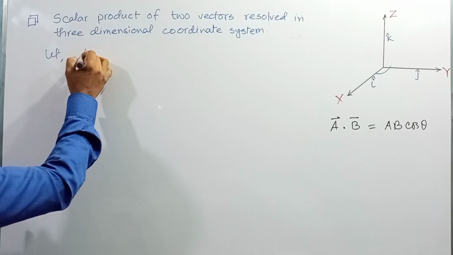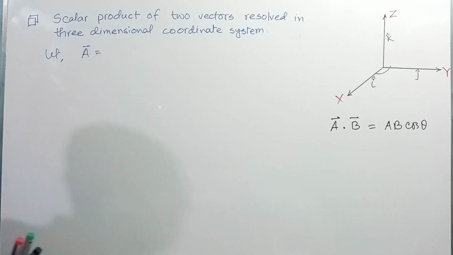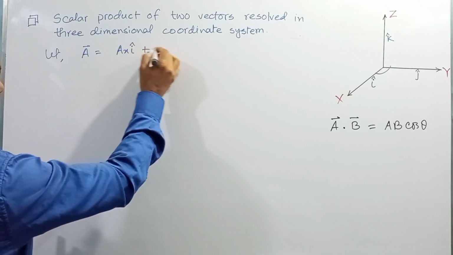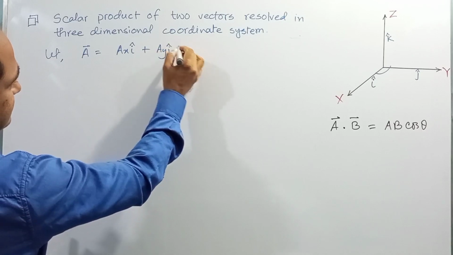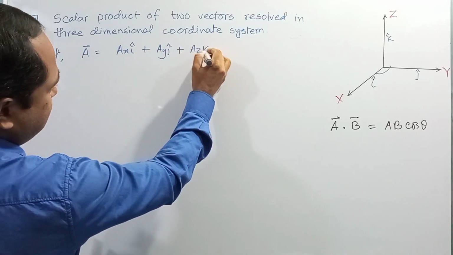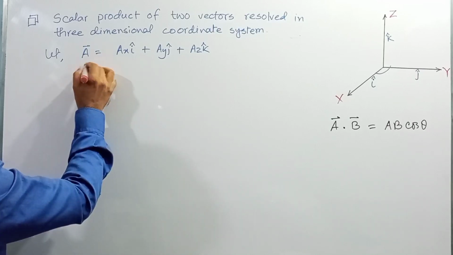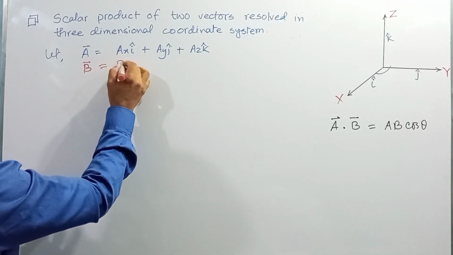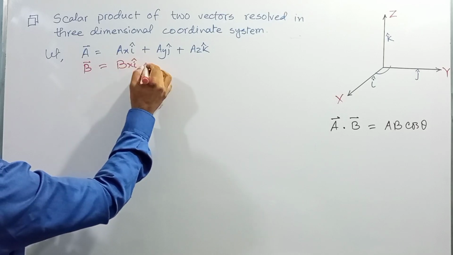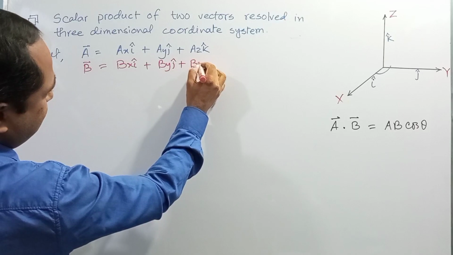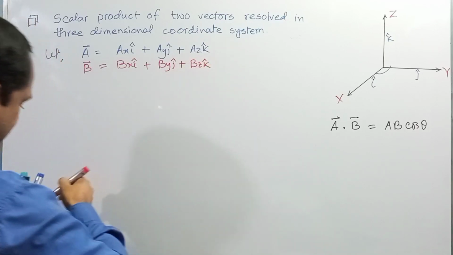Suppose A is a vector, A is resolved in three-dimensional coordinate system, that is ax i plus ay j plus az k. Similarly, vector B is equal to bx i plus by j plus bz k.